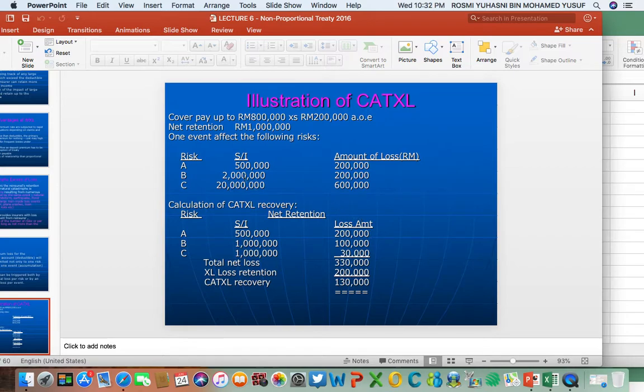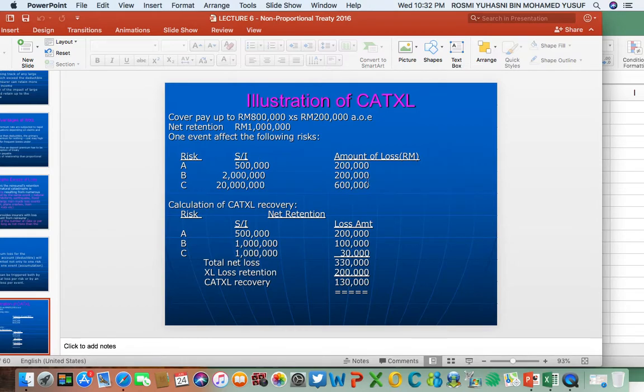Moving to risk B. The original sum insured is 2 million. If you compare it to the net retention of the insurer, the insurer can only retain up to 1 million. So given the gross sum insured of 2 million here, the insurer will not retain 100%. They will only retain up to a maximum of 1 million.